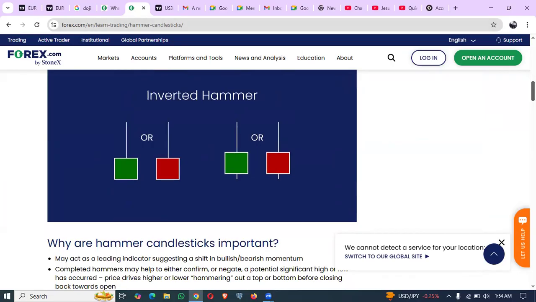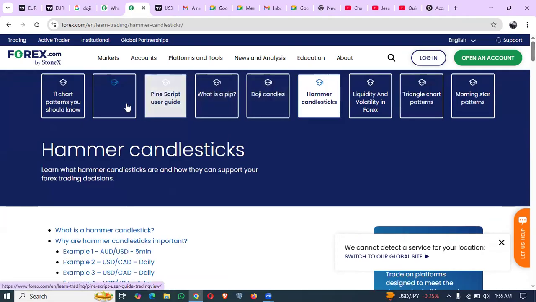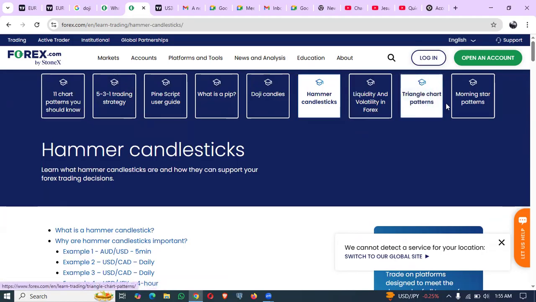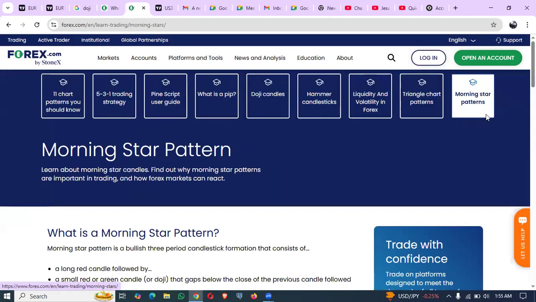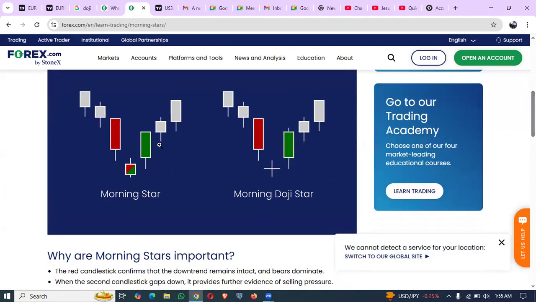Then the next one is the three candle formation. Morning star. That's either your morning star or your evening star. This is it here. Three candle formation because we have a thick body candle, a doji form, another thick body.